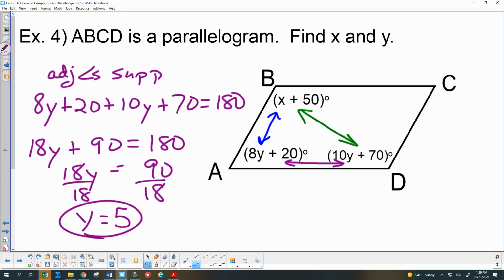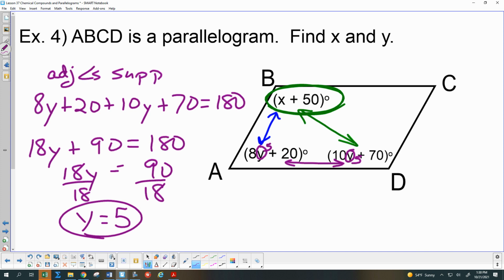We still need to find x. The only one with x in it is this one up here. I do now know that both of these y's are just 5s. So tell me what I do with angle B and something that I know to be able to figure out what x has to be.